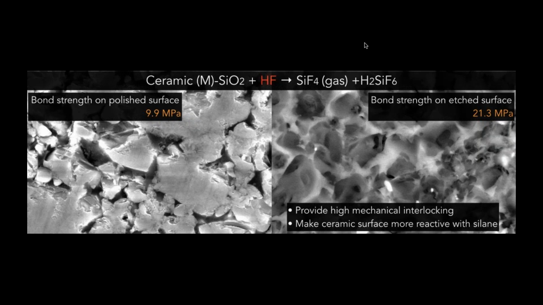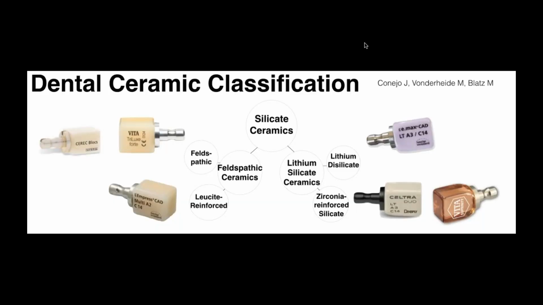So after etching, we will clean, and then we'll apply the silane coupling agent, and this basically makes the ceramic surface more reactive to the silane. There's more area because it's irregular. We basically remove the glassy matrix with that minute of hydrofluoric acid etching. So I'm just leaving that now as a quick introduction of the first group of materials that we have.